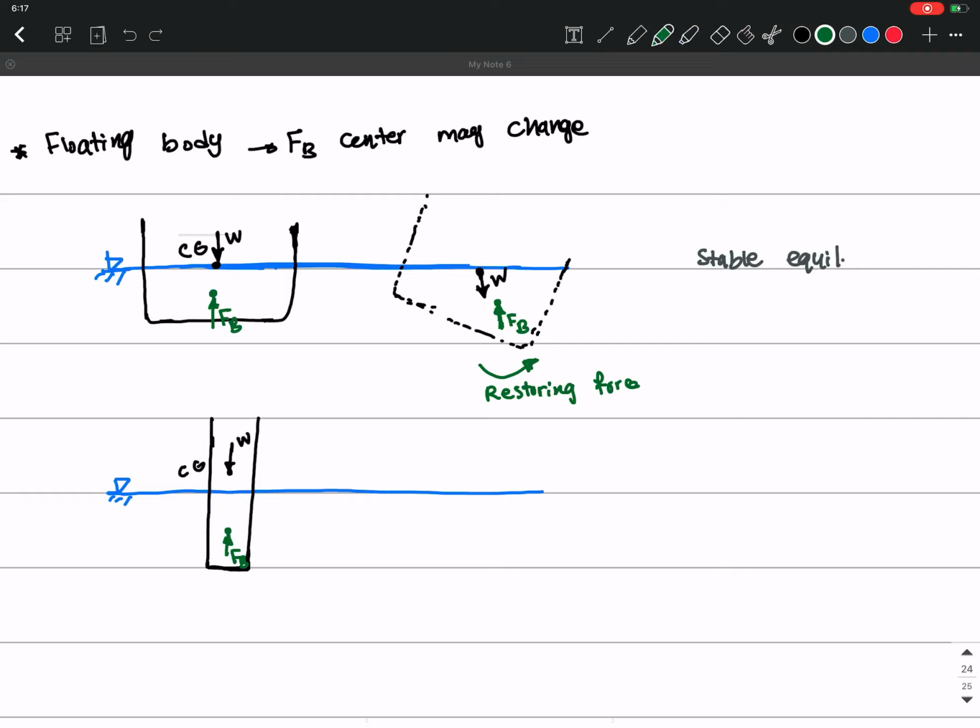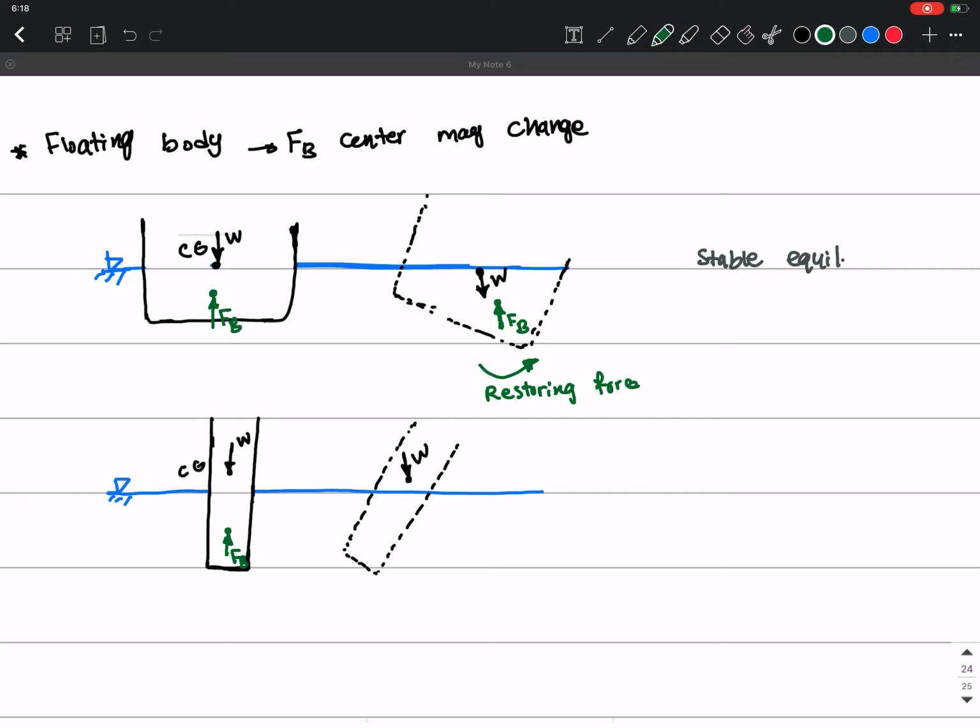And then if you move this object, what are we going to see? For this we don't have water inside it, just so you make sure you understand it. Also here we don't have water inside it. If you move this object, let's say to the right, let's see what's going to happen. So I move this to the right. I have the center of gravity, the weight is going to be here.